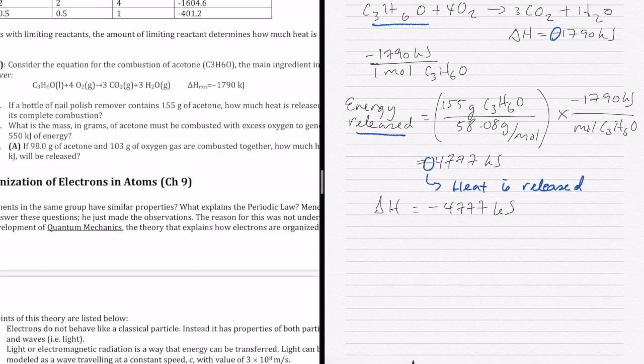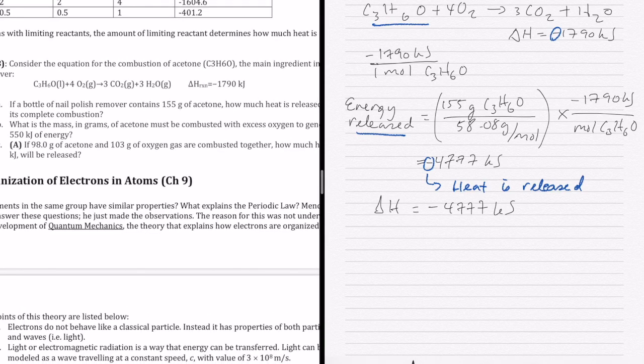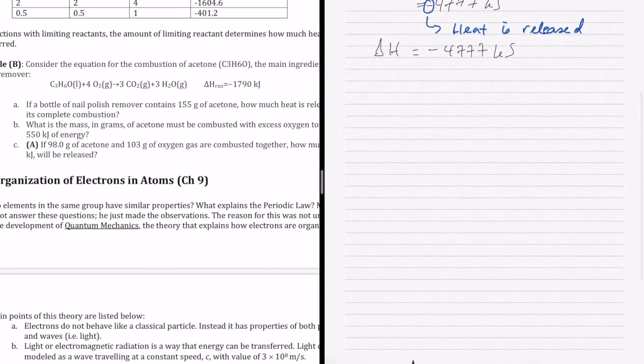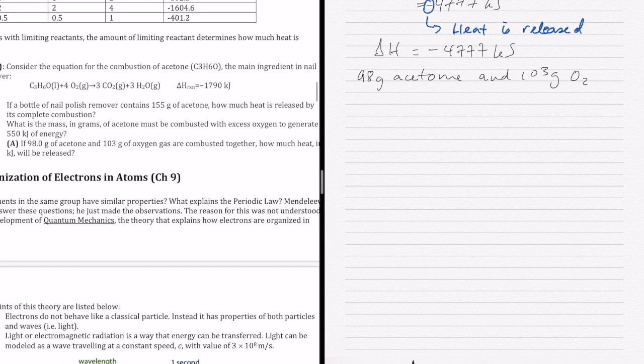I'm going to do another example that shows the case when we have two different reactants. That's part C, where it says if 98 grams of acetone and 103 grams of oxygen are combusted together, how much heat is released? If we have two different reactants, then we first have to find our limiting reactant.